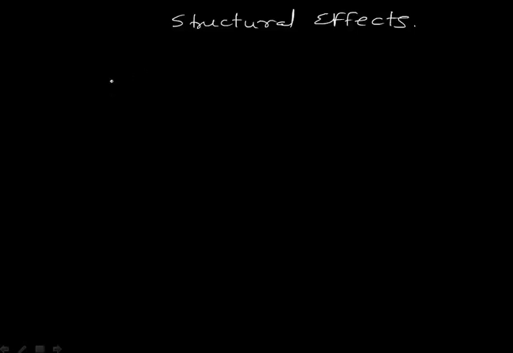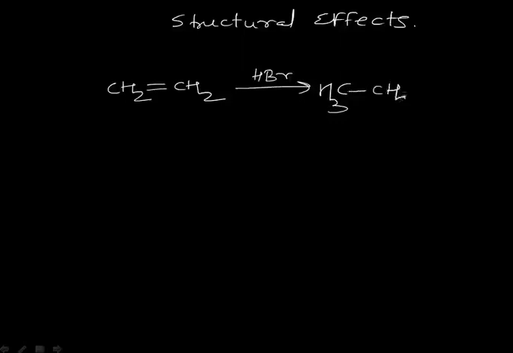Suppose we take one example here, that is addition of HBr across the carbon-carbon double bond of ethylene. We get CH3CH2Br, that is ethyl bromide.